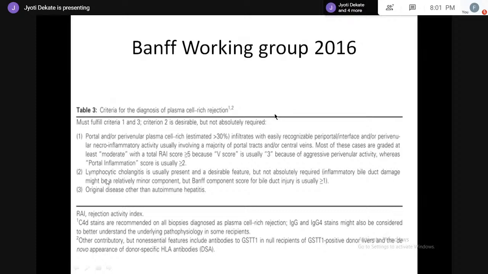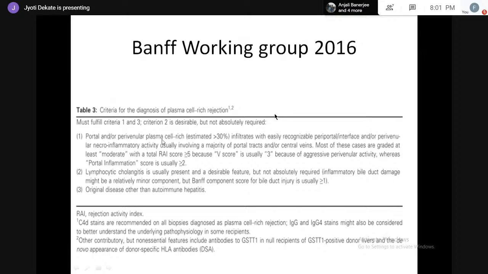Also, the original disease must be other than autoimmune hepatitis. So criteria 1 and 3 are the absolute criteria, and most cases of plasma cell-rich rejection fulfill these criteria. Lymphocytic cholangitis is a desirable criterion, however not absolutely required to establish the diagnosis.